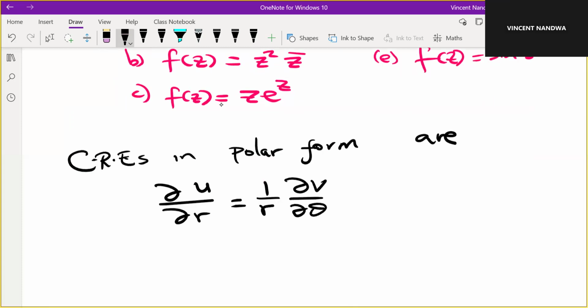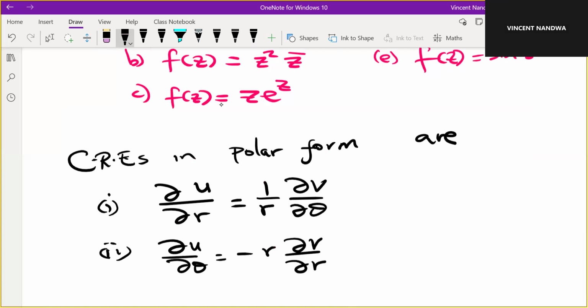And then the second one, partial U partial theta is the same as negative R partial V partial R. Get some time and prove this.